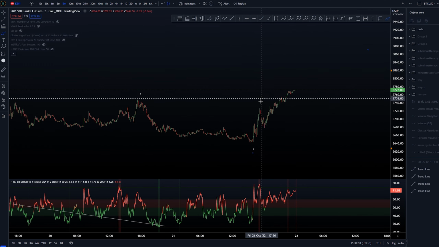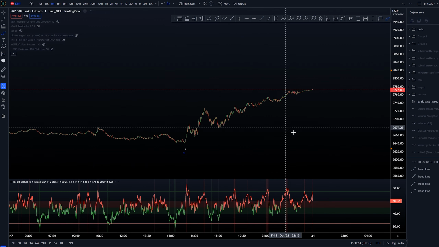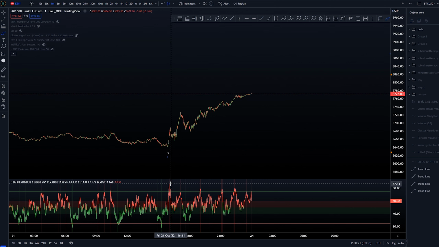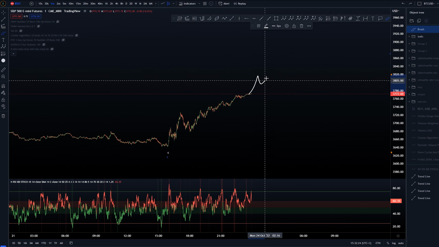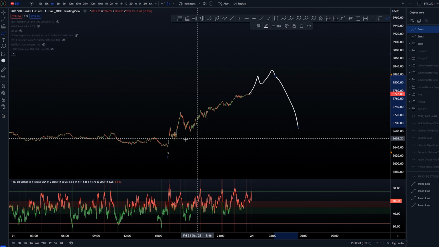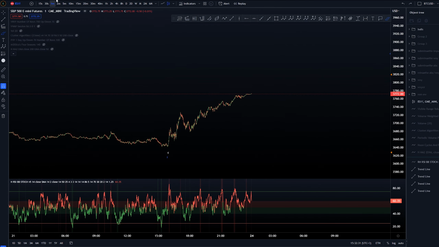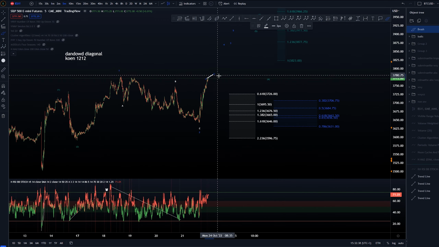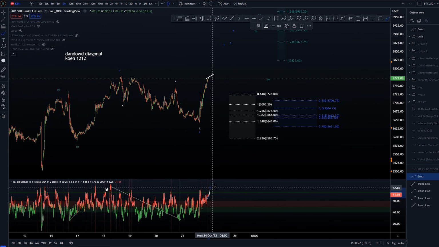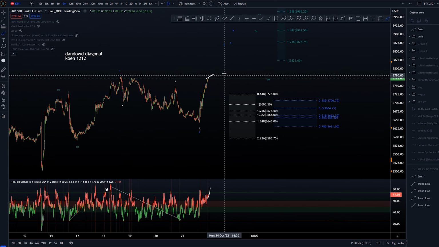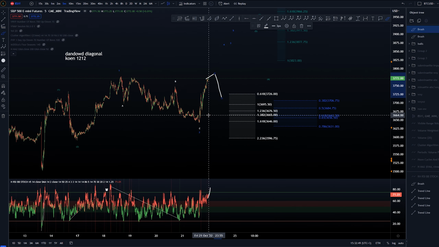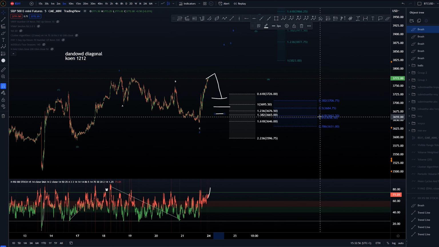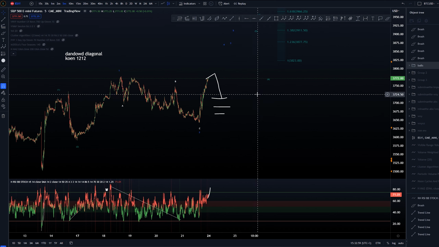On RSI, these two peaks are still the highest, so for whatever scenario, I do feel like and hope that this high on RSI on smaller time frames at least should be taken out, so we can have a proper third wave, third of third, fourth and a fifth, and then we would be looking for a drop down to create another smaller 1-2, and at that point again, that would be a great area to look for buys, looking for that divergence here wherever it happens, again expecting these highs on RSI to be taken over, and then that drop downwards, and again then going in on the 38.2%, 50%, and the golden pocket. Those would be the areas I would be looking at the most.